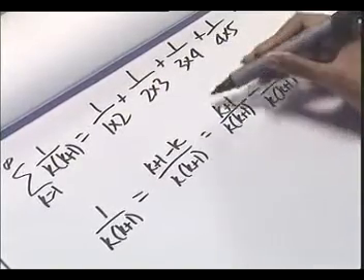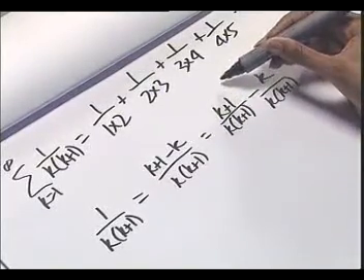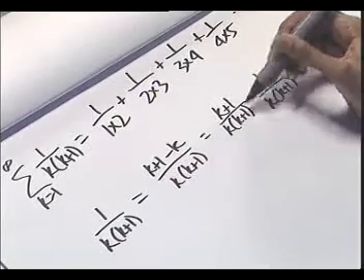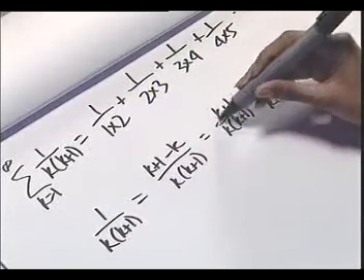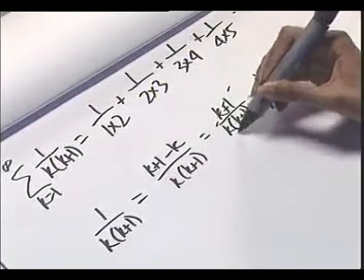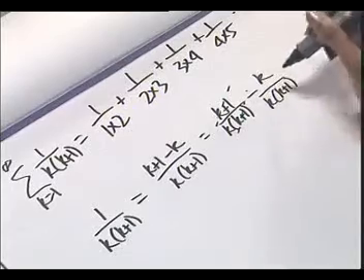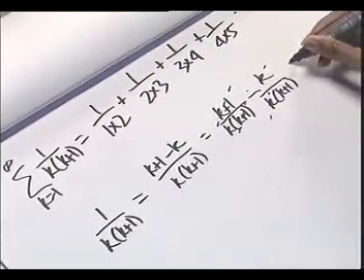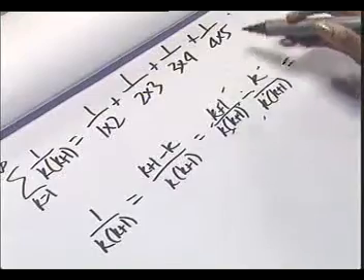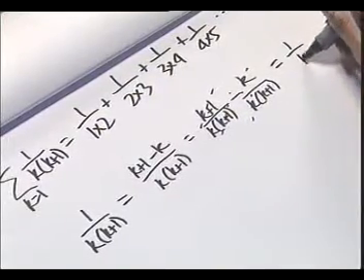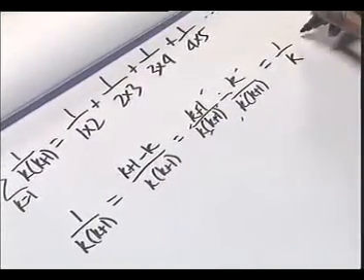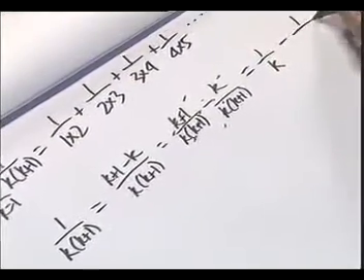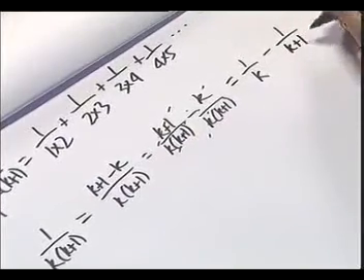Now you can see in the first bit of this, the whole numerator cancels with some of the denominator. So that k plus 1 cancels with this k plus 1. And on this side, that k cancels with this k. So we get left with, on this side, 1 over k, and on that side we get left with minus 1 over k plus 1.